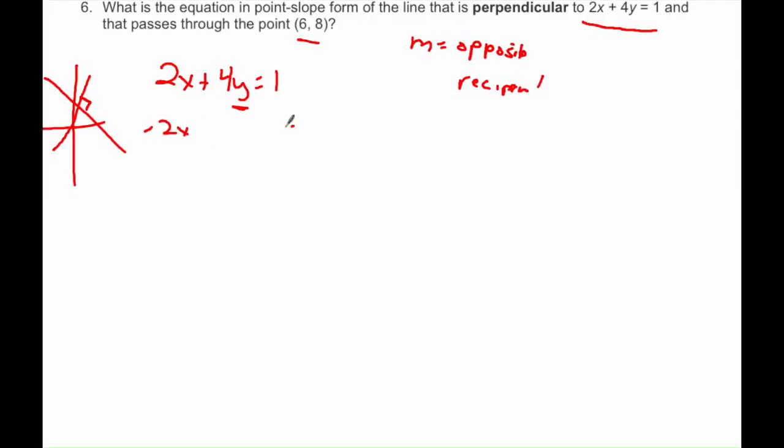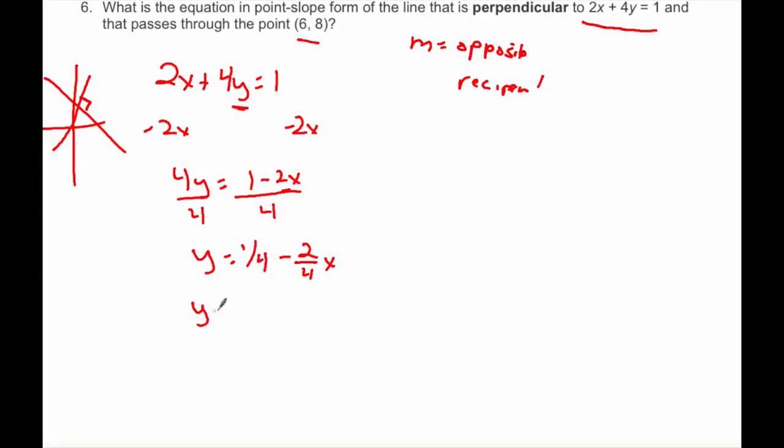Minus 2x, minus 2x, and I get 4y is equal to 1 minus 2x. I divide both sides by 4. y is equal to 1/4 minus 2/4 x, or y is equal to 1/4 minus 1/2 x.